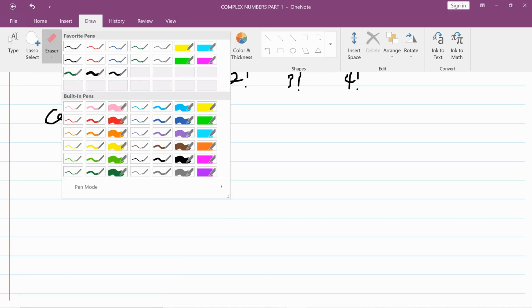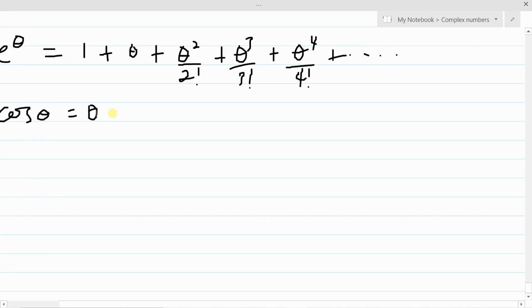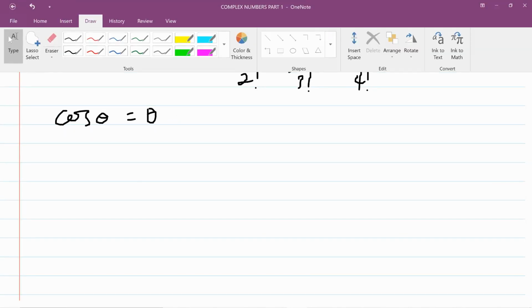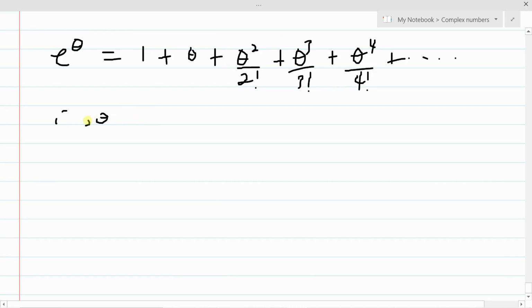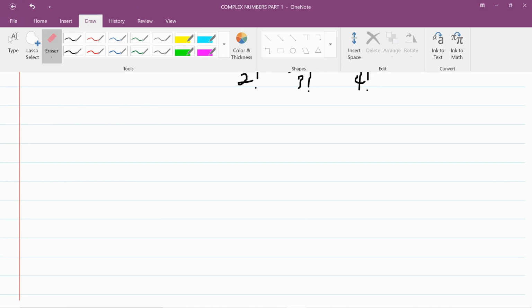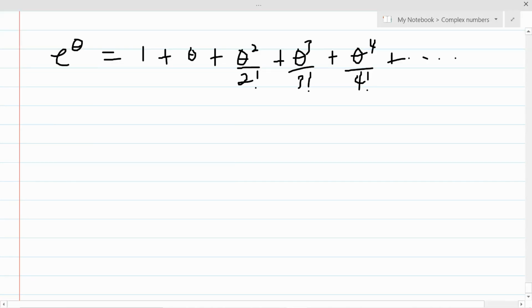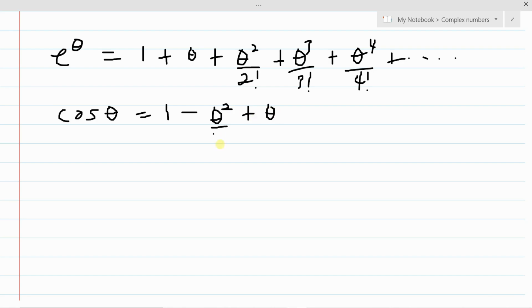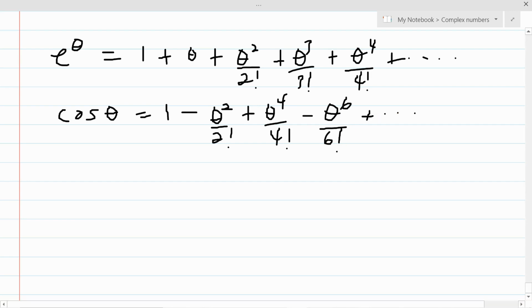So cos theta is actually equal to 1 minus theta squared over 2 factorial plus theta to the power 4 over 4 factorial minus theta to the power 6 over 6 factorial plus like that.